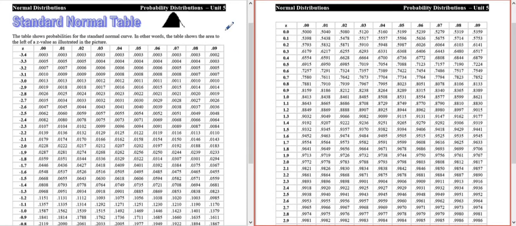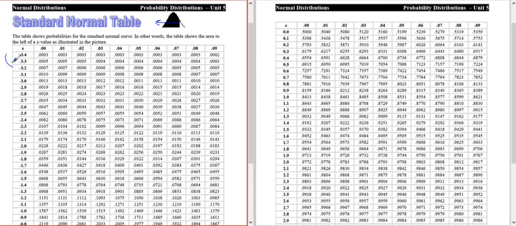This gives you the probability of being less than a particular z-score. The way it works is these numbers here represent the ones and the tenths digit, and these numbers along the top are the hundredths.